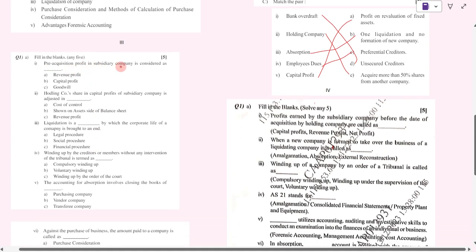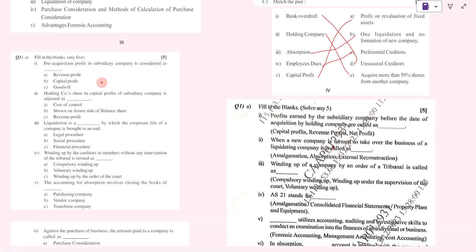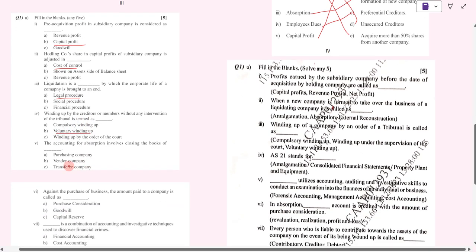pre-acquisition profit in subsidiary company is considered as capital profit. Holding company's share in capital profit of subsidiary company is adjusted to cost of control. Liquidation is a legal procedure by which the corporate life of company is brought to an end. Winding up by the creditors or members without any intervention of tribunal is known as voluntary winding up.